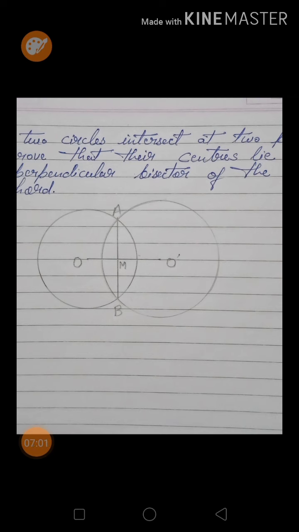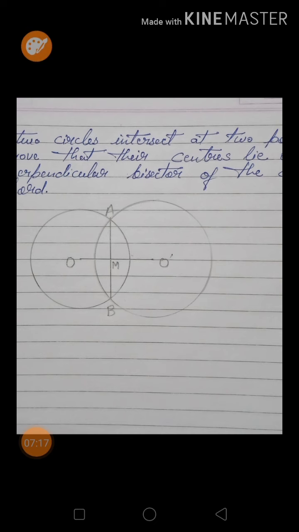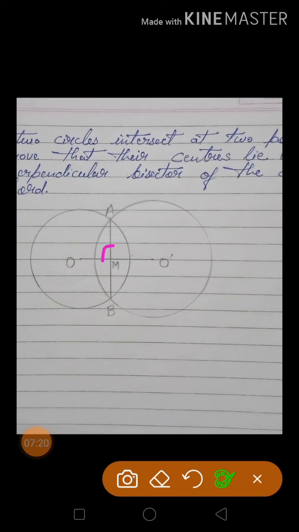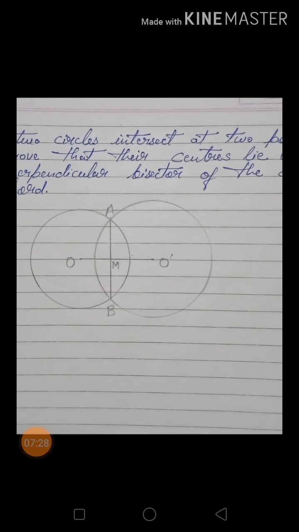So if we prove that OO dash is a line segment that is bisecting AB and also perpendicular on AB, means this angle is 90 degrees and this is also 90 degrees, and AM is equal to BM. This we need to prove.